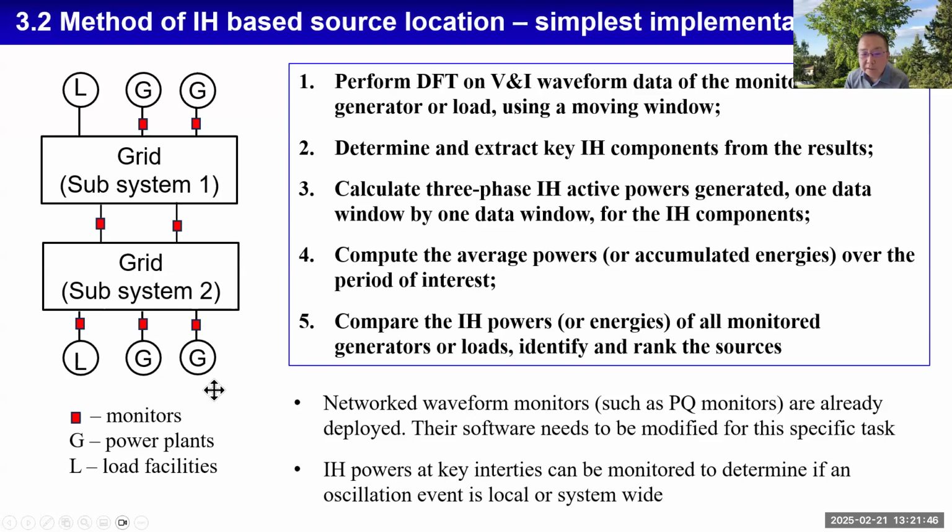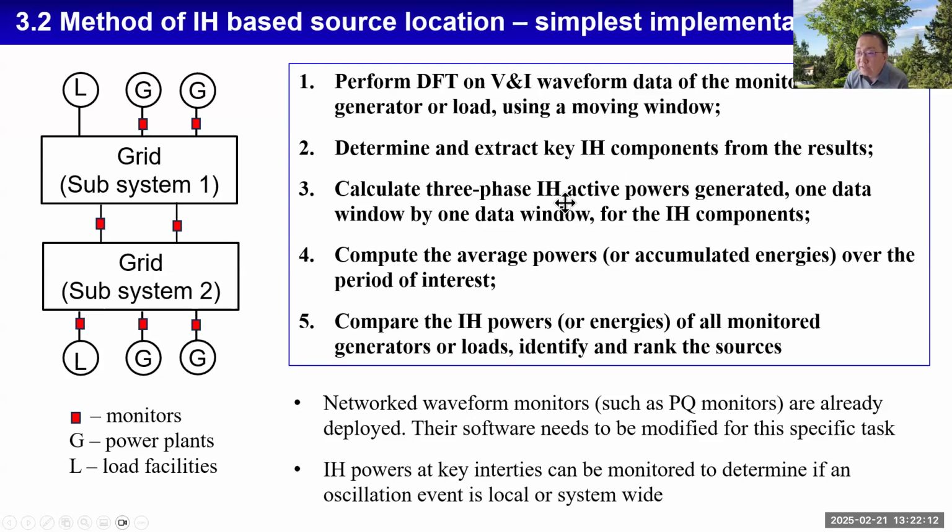In fact, most power plants already have power quality monitors or other monitors that can record waveforms. Once you get the waveform, you trigger the recording of oscillating or beating waveforms, then do DFT using a moving window and extract the key interharmonic components.